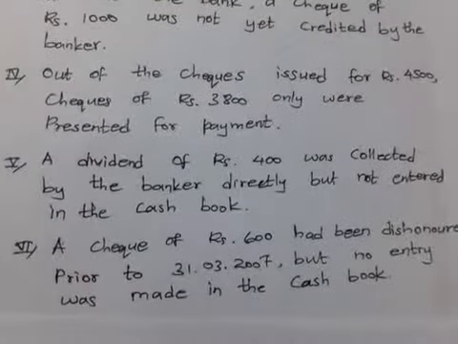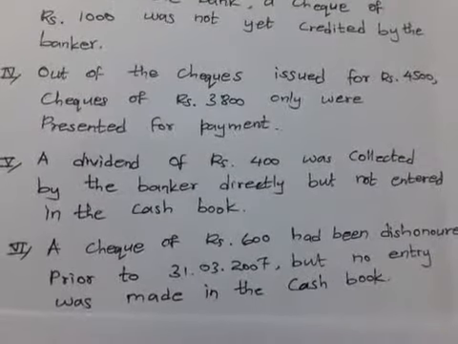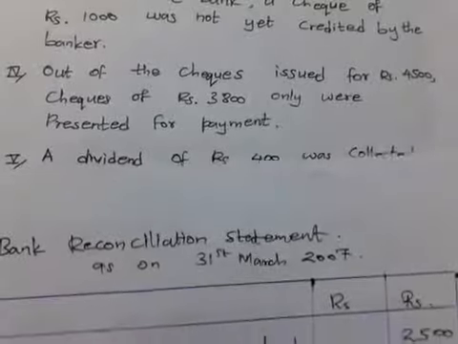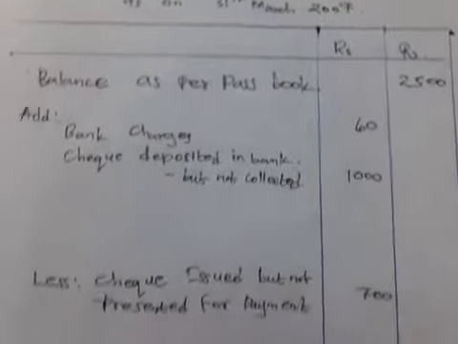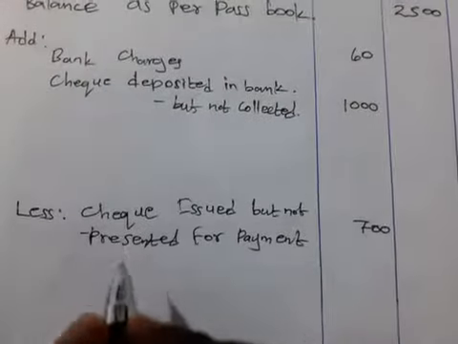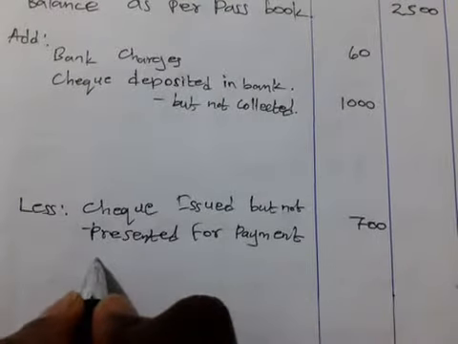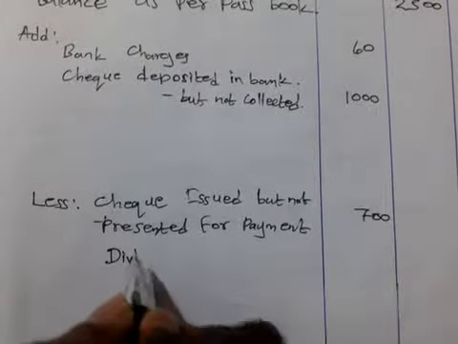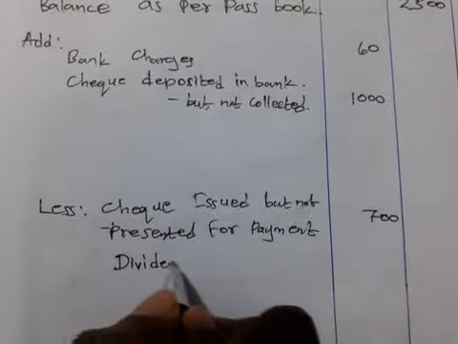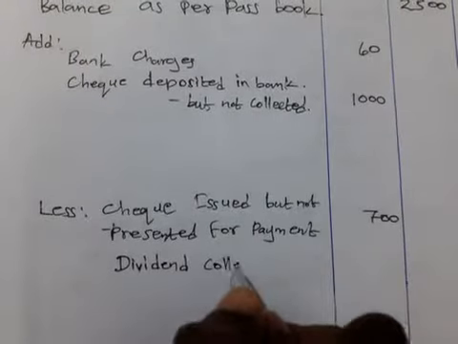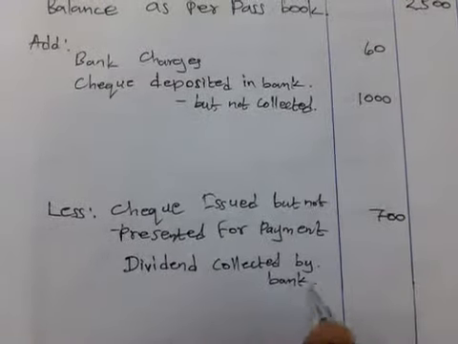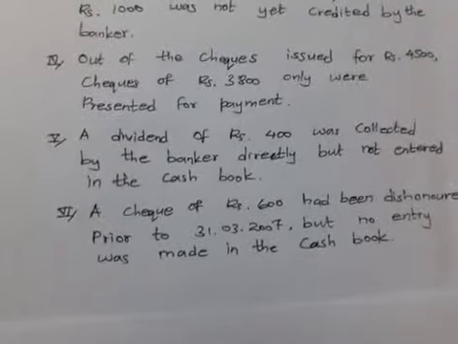So it is already added in passbook, but till now it's not added in the cashbook. So we have to deduct it from the passbook balance to find out the cashbook balance. Dividend collected by bank, 400.